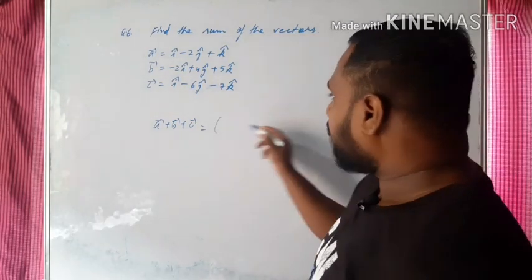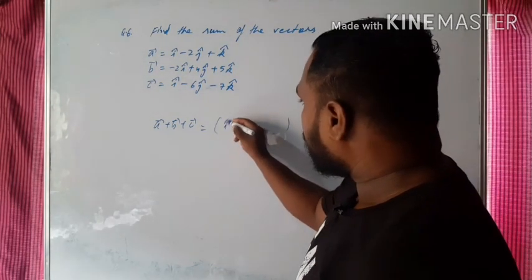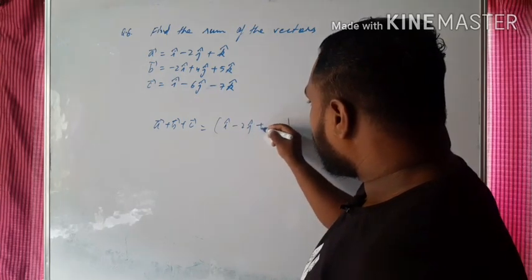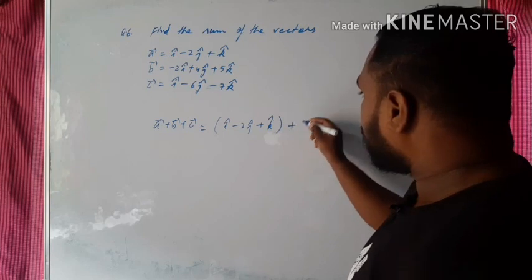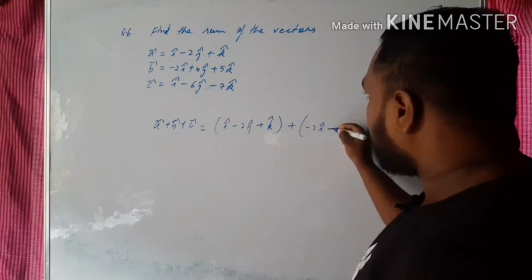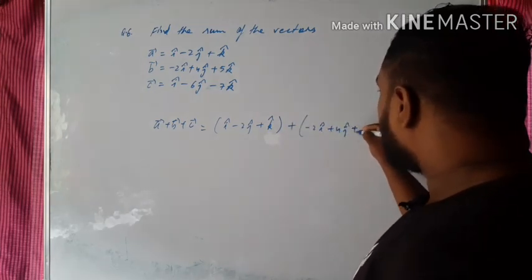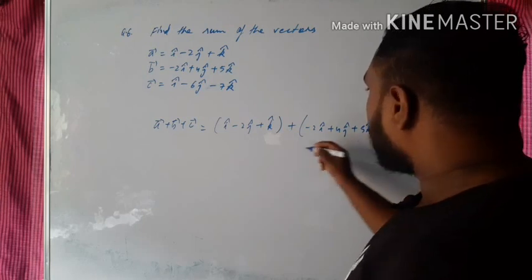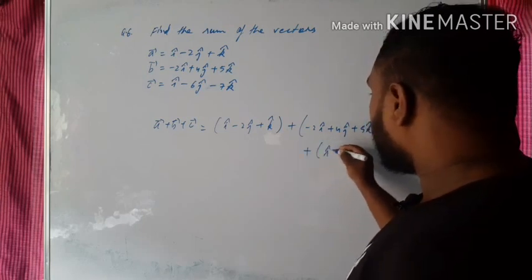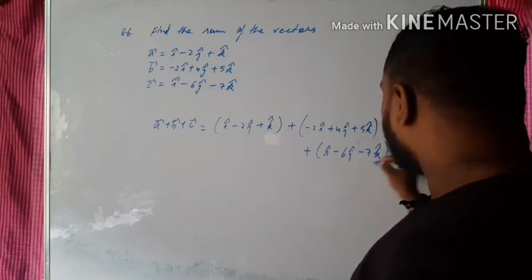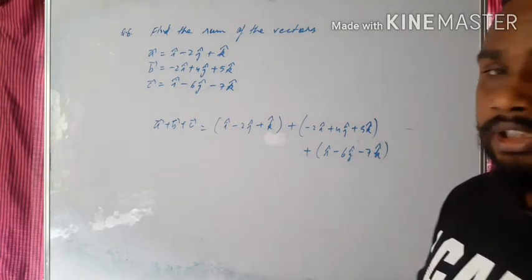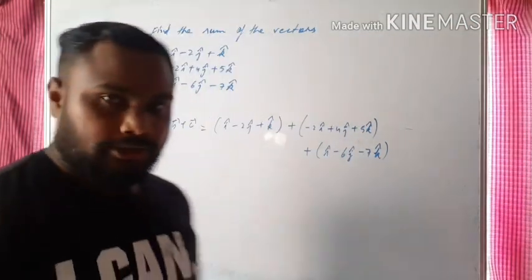Write the vectors: i minus 2j plus k, plus -2i plus 4j plus 5k, plus i minus 6j minus 7k. Just add them and you will get the answer.